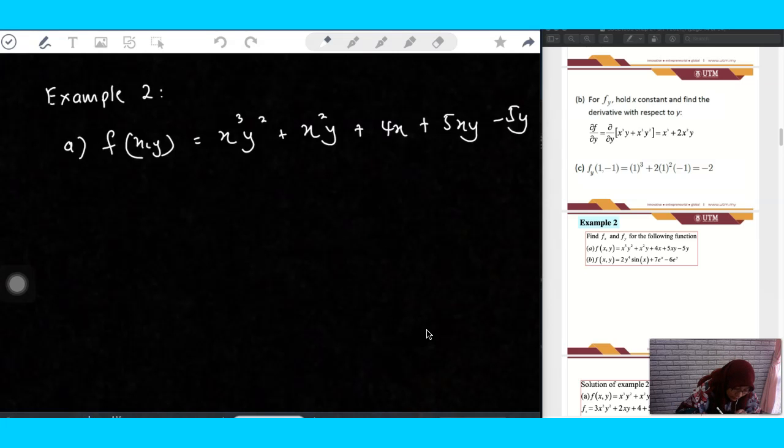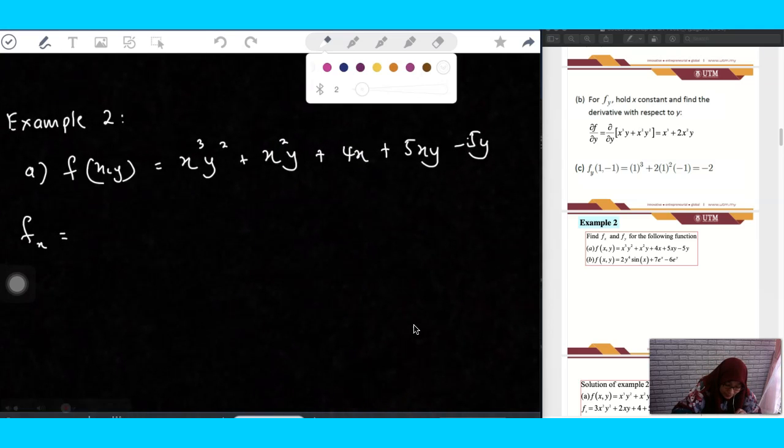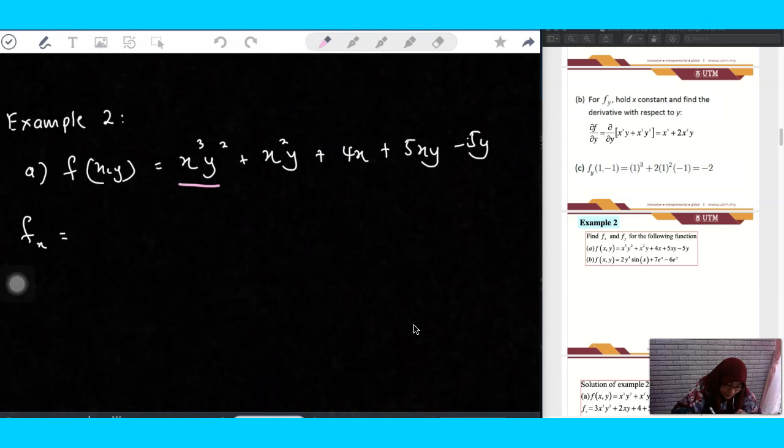So we work on the fx, differentiate with respect to x. Now we have to look one by one. The first one, differentiate with respect to x, y is constant. So can you see the x? Yes. So y is constant, so you just differentiate the x cubed.